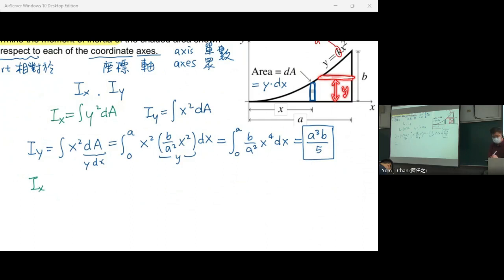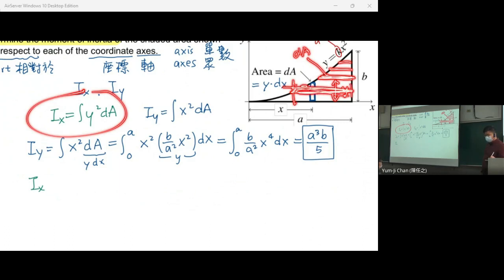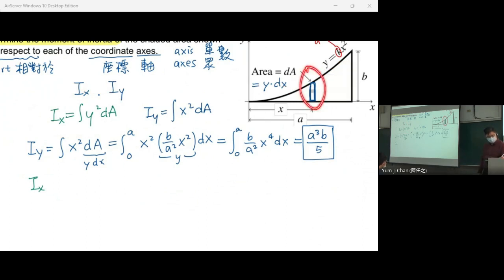If we want to work on y squared dA, this is dA, and then we work on y, and we work on each slice, right? By definition, but it is difficult to calculate this one. So we want to use this one as well. So what should we do?